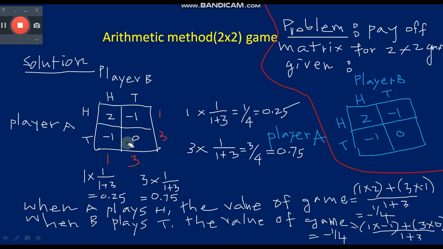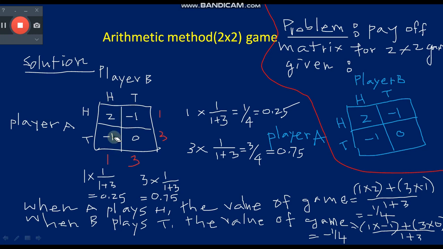Now take these two, as I told just before. -1 minus 0, you will get -1. Don't take the sign, but write 1 here.